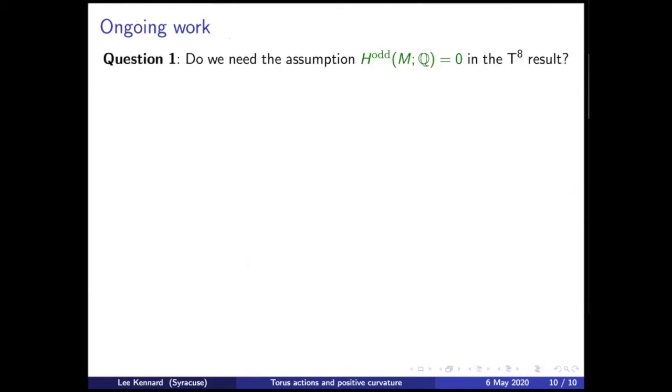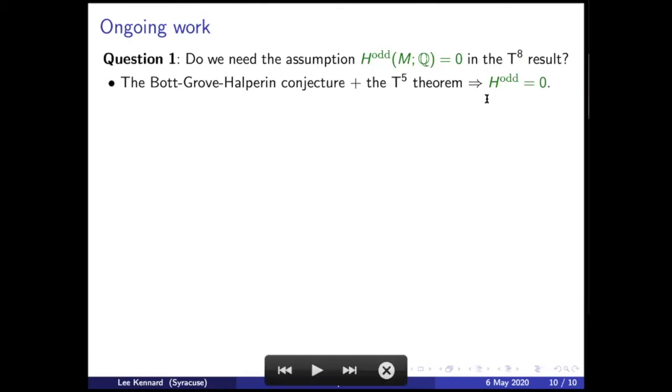This is related to some ongoing work, but I want to mention that maybe this condition is natural, and here's why. The T5 theorem implies positive Euler characteristic. Another well-known conjecture in this field is the ellipticity conjecture due to Bott and Halperin. That conjecture applies to positive curvature, and it implies that the manifold should be rationally elliptic.